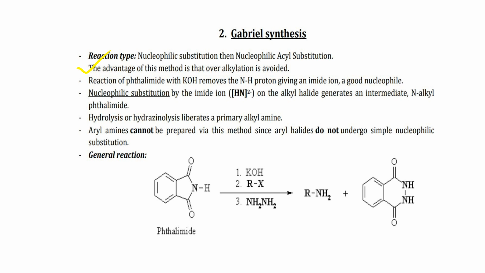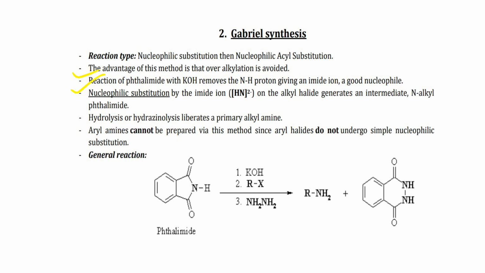In this reaction type, nucleophilic substitution, then nucleophilic acyl substitution. The advantage of this method is that over-alkylation is avoided. The reaction of phthalimide with KOH removes the NH proton, giving the imide ion, a good nucleophile.